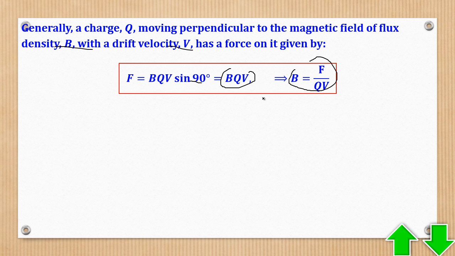Remember previously, we had seen that F equals BIL, and you could make B the subject. That gave us one definition of magnetic flux density. But now here also, when you make B the subject, we can come up with another definition of the magnetic flux density, which is the force when charge is 1 coulomb and v is 1 meter per second.